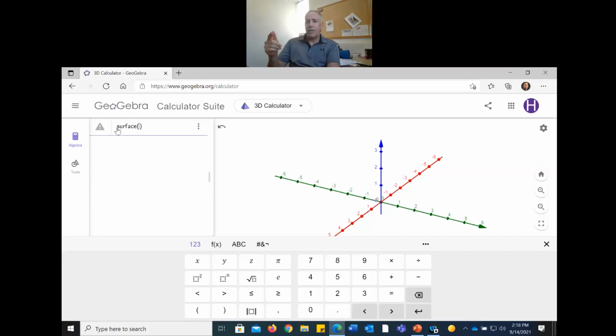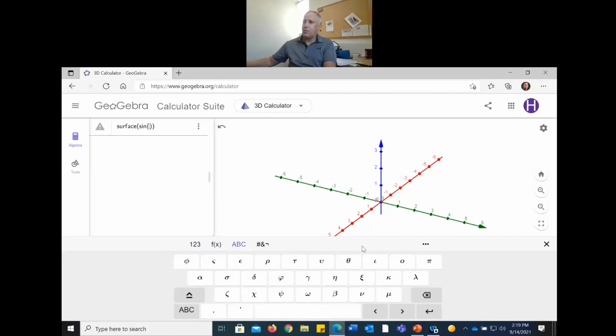Since I'm going to use a constant, you can type 1 or 2 or 3, whatever value you want to use. So first, the x is sine of theta, then go here, AB, and then theta, cosine phi, and then comma.